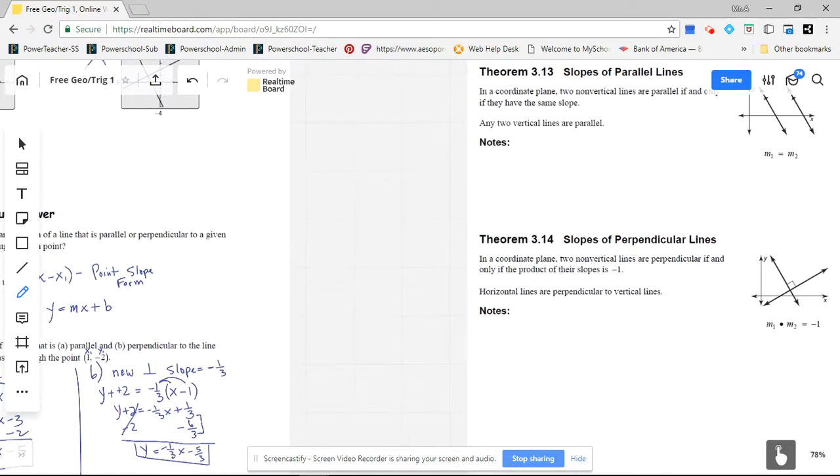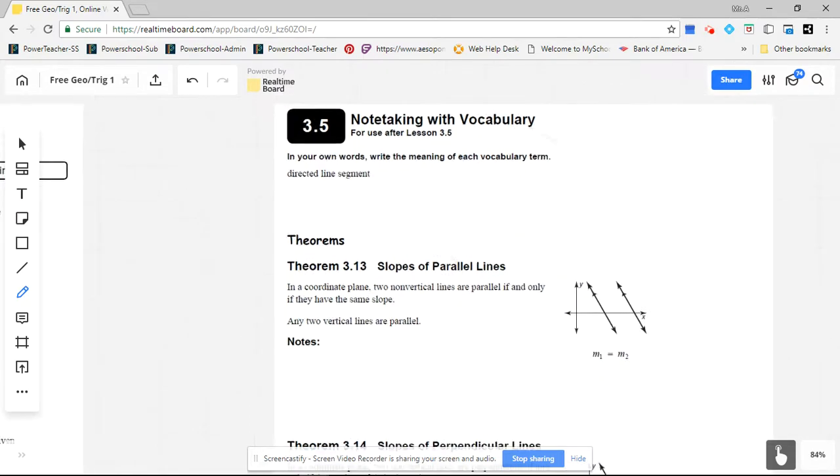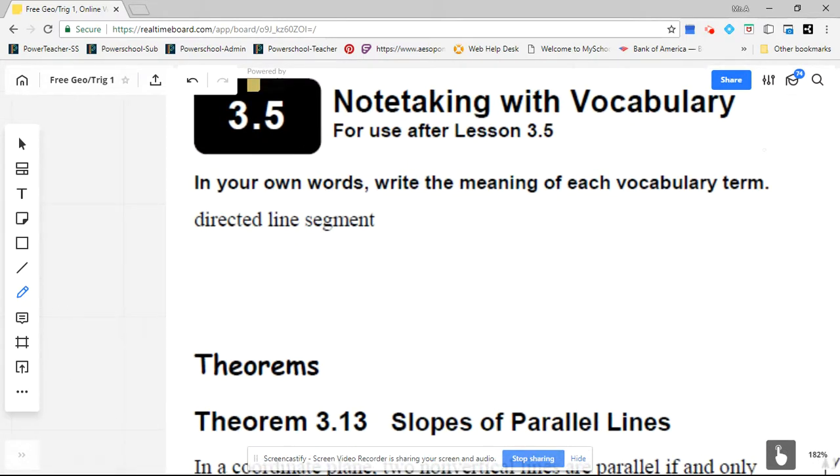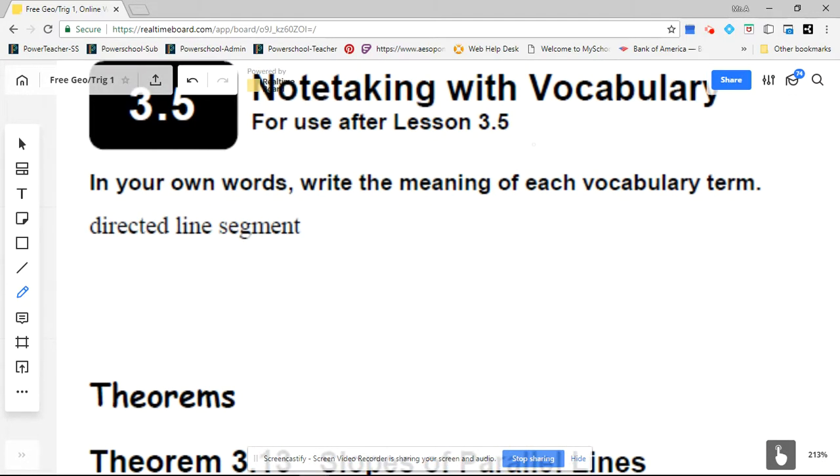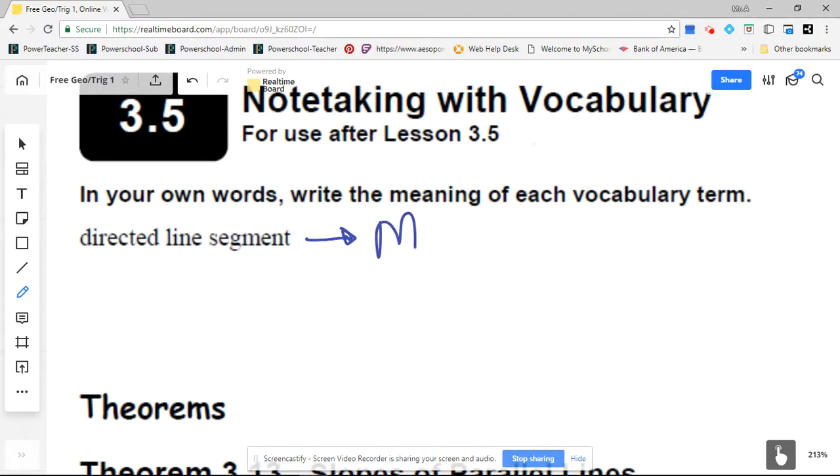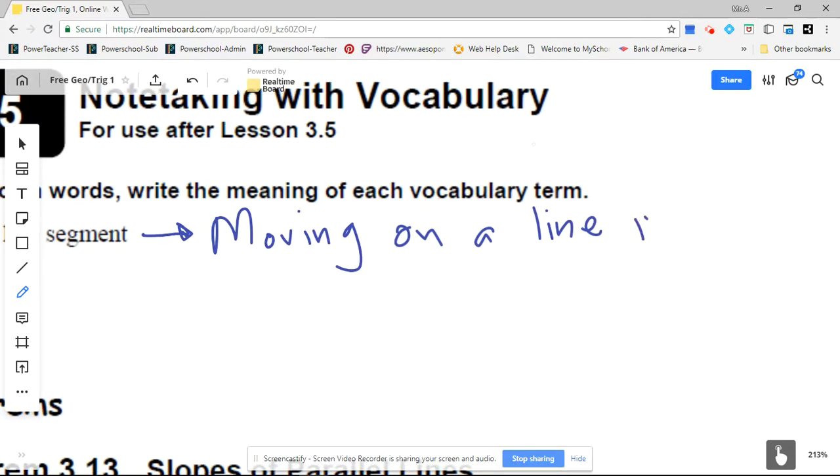Okay, directed line segment is your only vocab word here. It's moving down a line in a certain direction. Moving on a line in a specific direction.